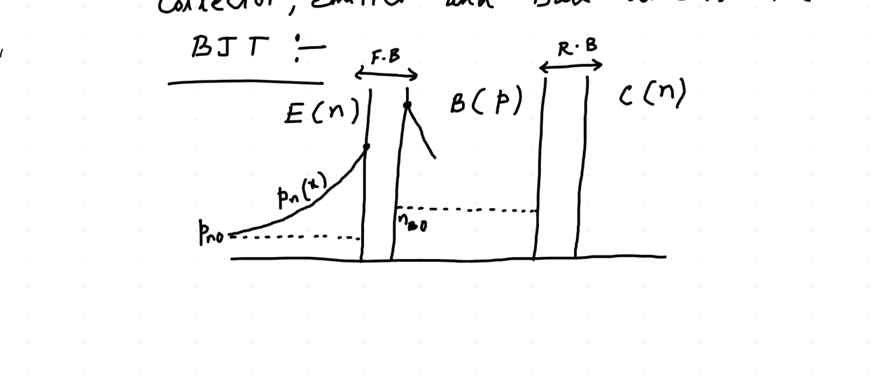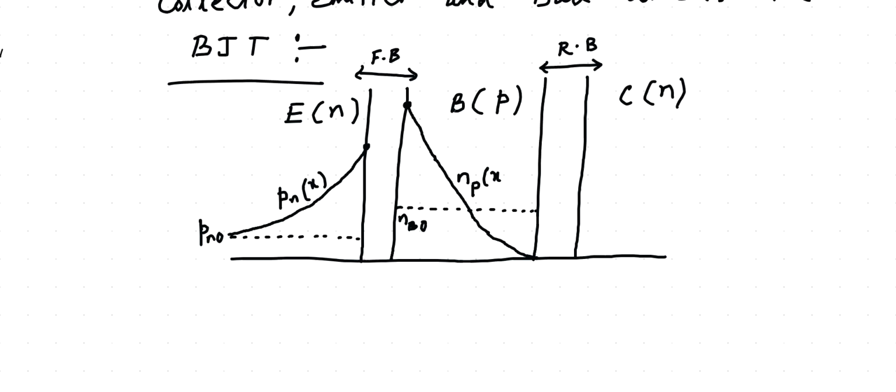Ideally it should come to that value NB0, but our base collector region is reverse biased. In reverse bias, the minority carrier concentration at the edge of the space charge region should be 0. So it will fall back to 0 like this.